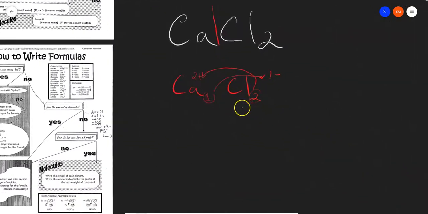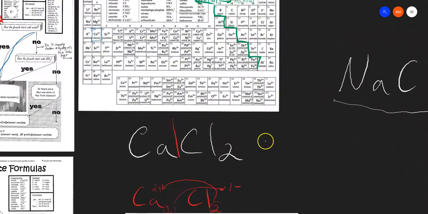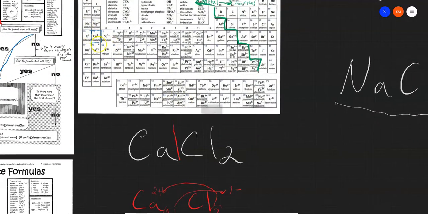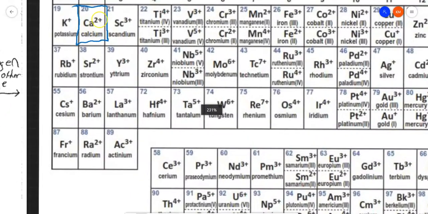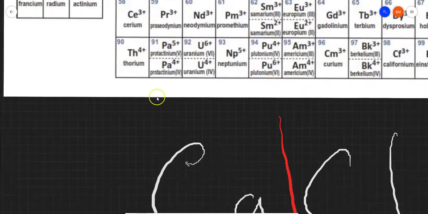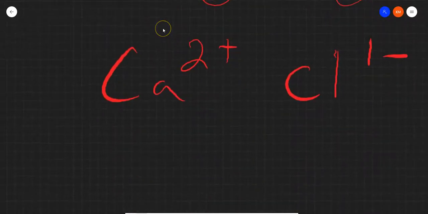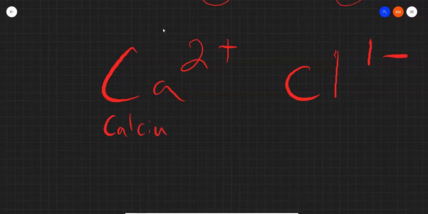So I'm going to rewrite that. Okay, and then we name the cation, the positive one, first. So I go to my ion table. Ca2 plus is right here. That's calcium. So calcium.